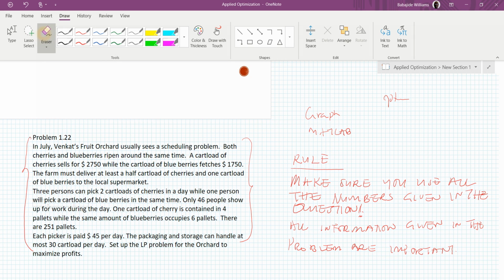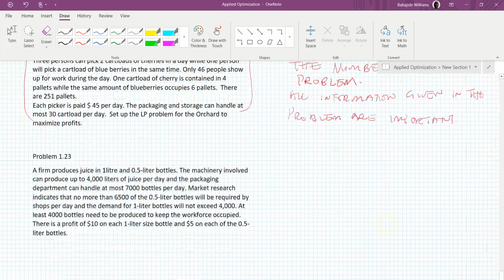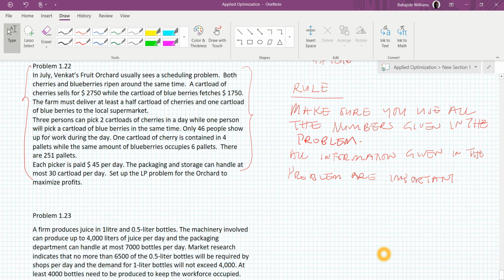So it's not really a question, it's a design problem. All the numbers given in the problem are important. This is important to know going forward. Okay, so let's read this question and try to understand.